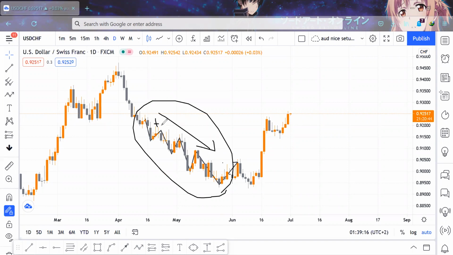We had a high here, a lower high here, right? A lower high here, right? We actually had a high here on lower time frames, which is not what I like to use because it is not clearly visible right here. And then we had a lower high here, right?